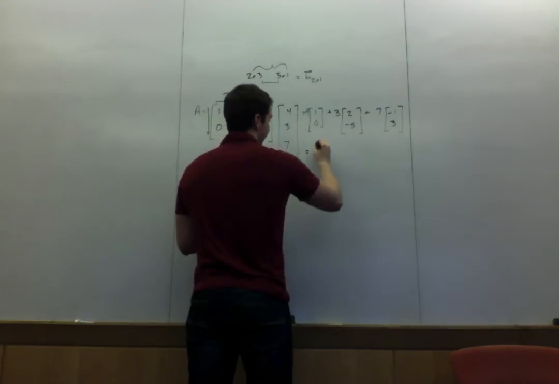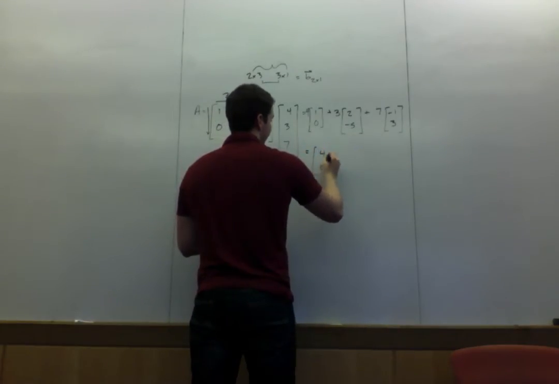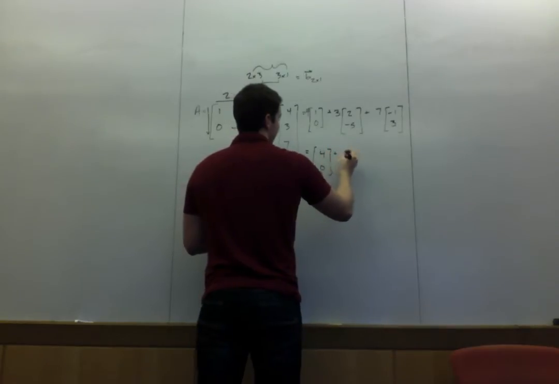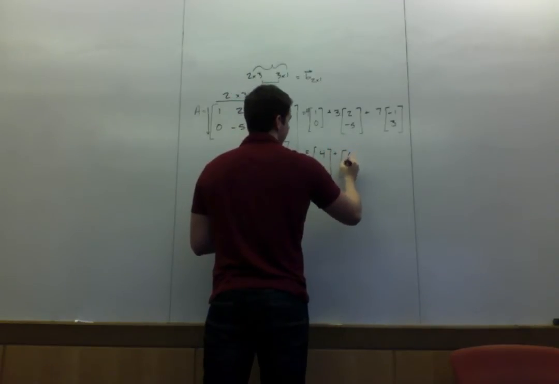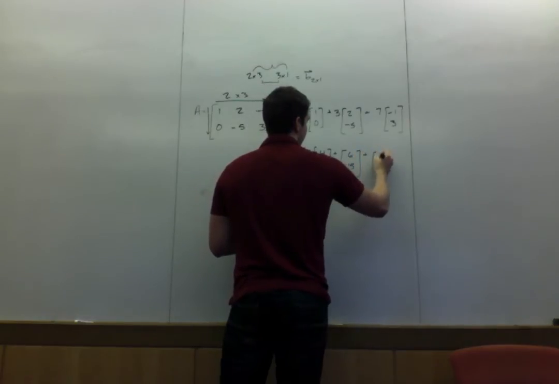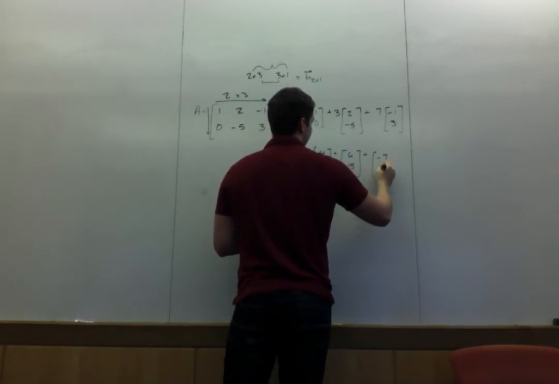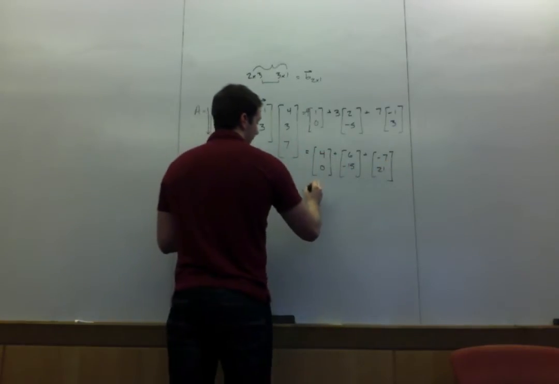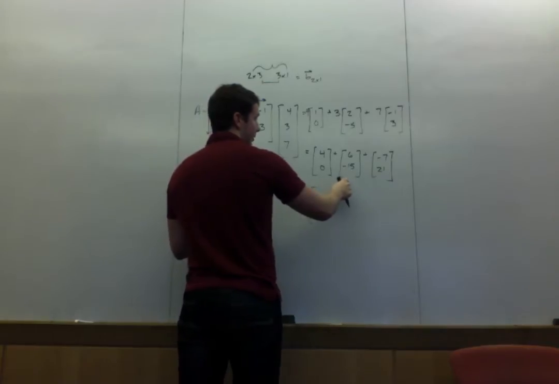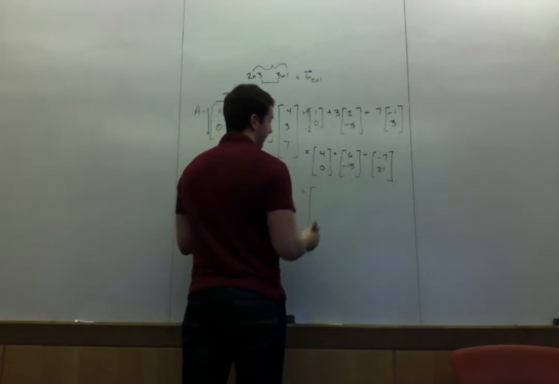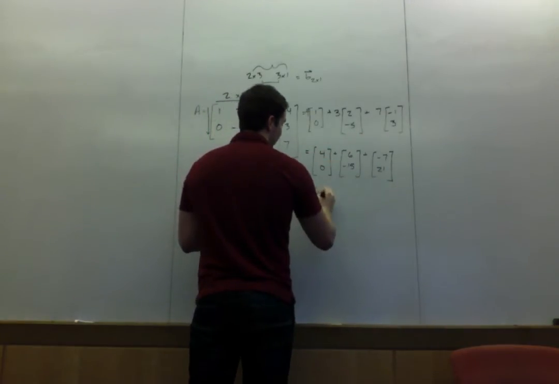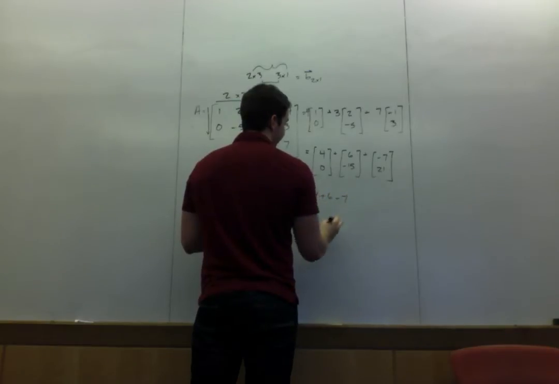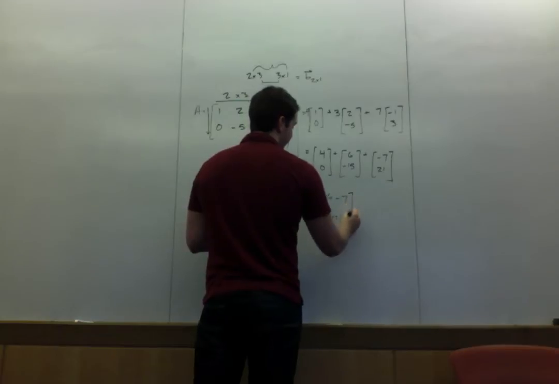We'll scale each of these. So we have (4, 0) plus (6, -15) plus (-7, 21). We'll add these together now because this is just a linear combination of these. So we have 4 plus 6 minus 7, 0 minus 15 plus 21.